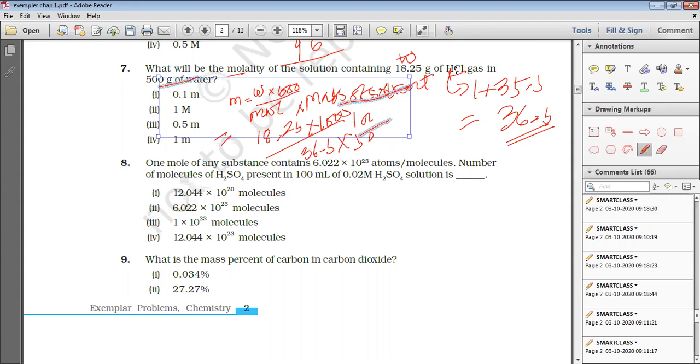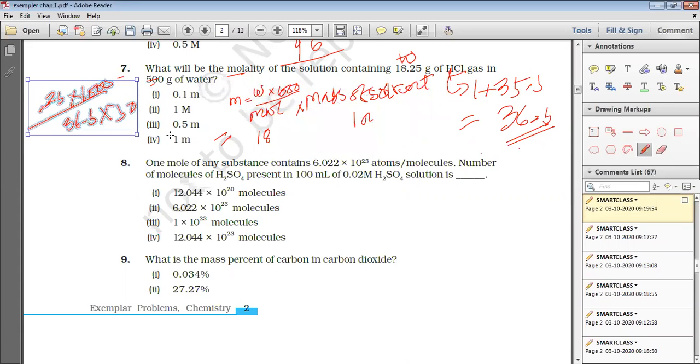This 500 gets cancelled with the 1000, and we can get the exact answer.